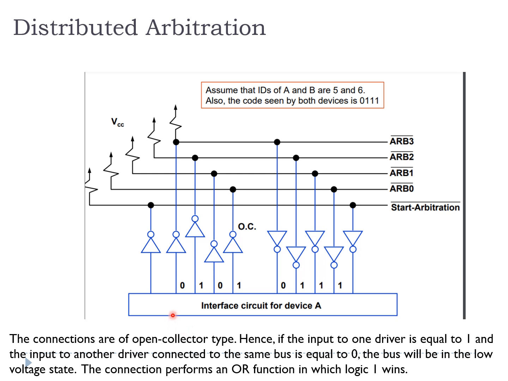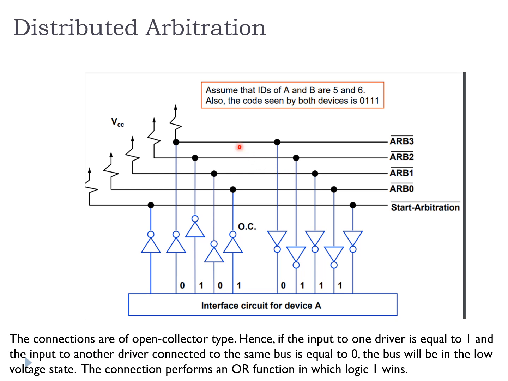When a device wants to communicate, or request the bus, it places its ID on the arbiter line. If more than one device wants to communicate, all will be placing their IDs on the arbiter line. So the final value of the arbiter line will be an OR operation of all the values.